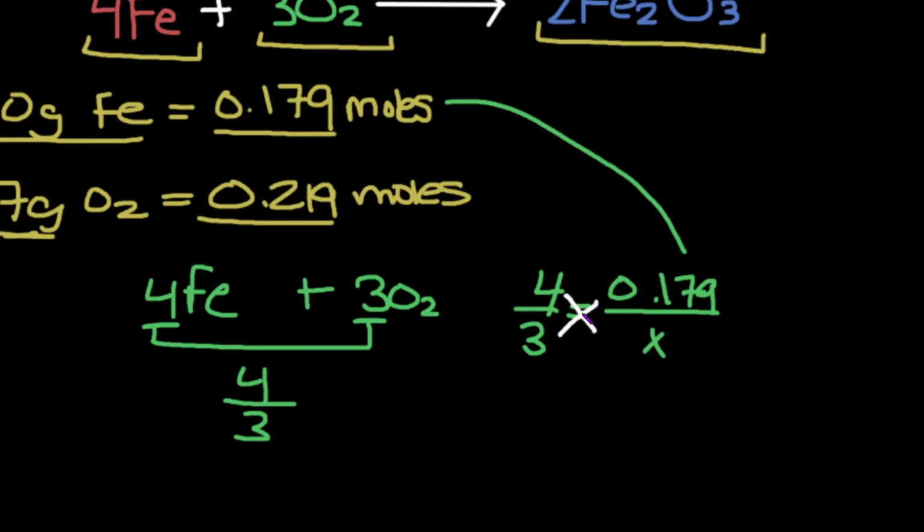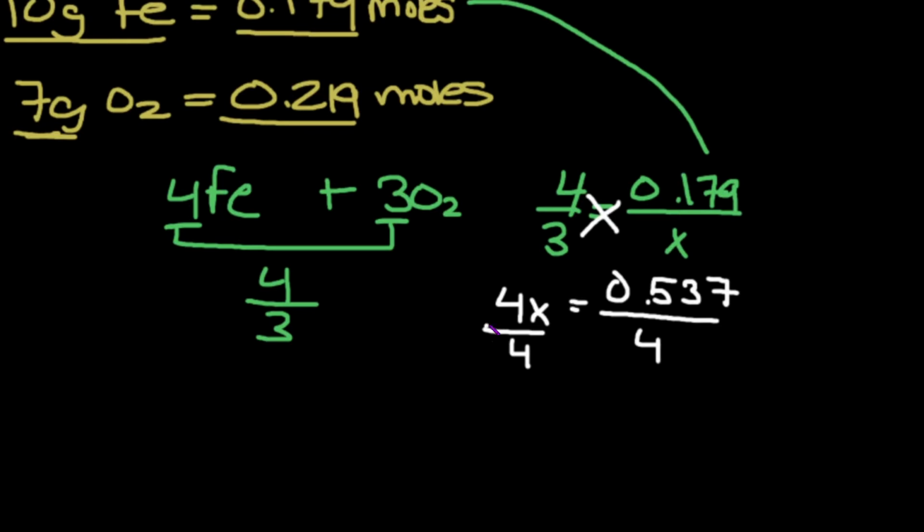You'd cross multiply, so you would have 4x equals 3 times 0.179, which would be 0.537, and you would divide both sides by 4 in order to get x by itself. When you divide both sides by 4, these two cancel out, and you get x equals 0.537 divided by 4, which would give you 0.134.